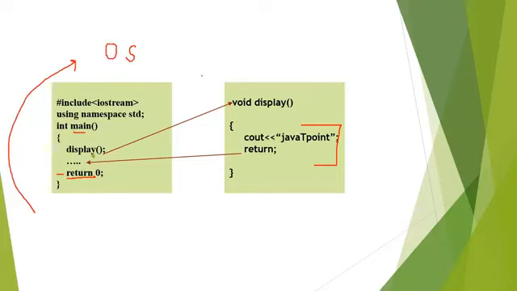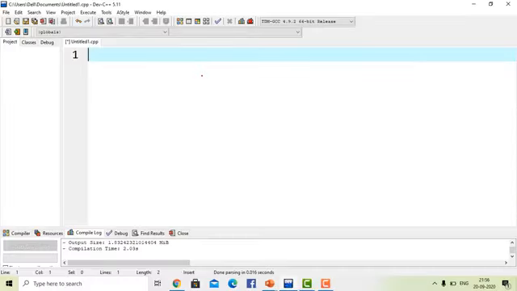So now let's look at the practical implementation of our first C++ program. Here we are creating our first C++ program in the Dev C++ compiler. Here we'll see how to write, how to compile, and how to execute the code.